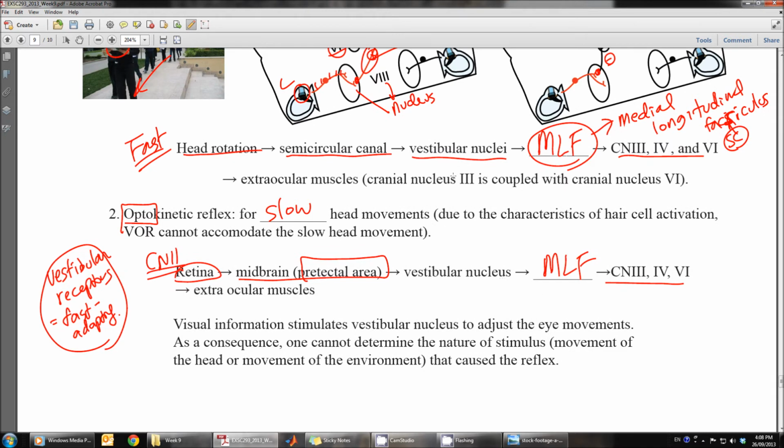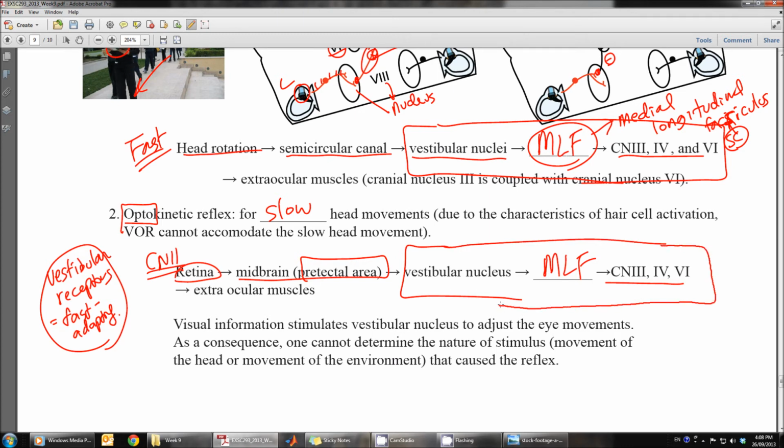The only difference is the source. One is coming from the vestibular apparatus, and the other one is coming from the pretectal area carrying the visual information. The implication for this is the vestibular nuclei have no way of differentiating whether that signal is coming from the vestibular apparatus or from the vision.